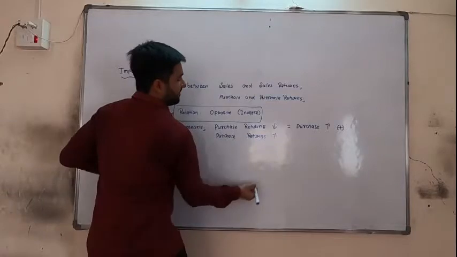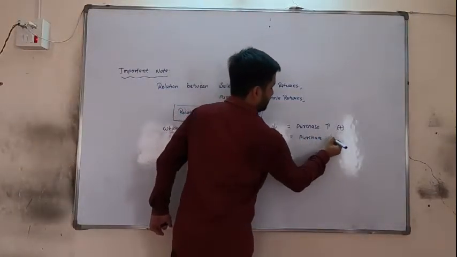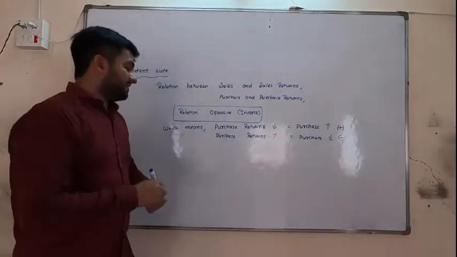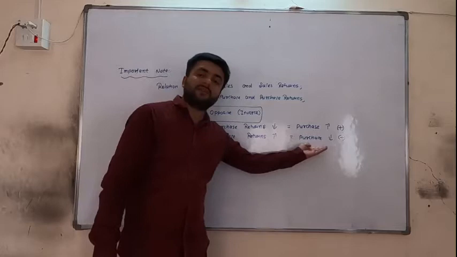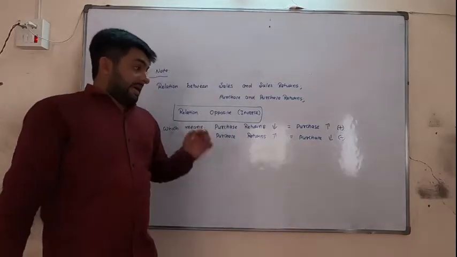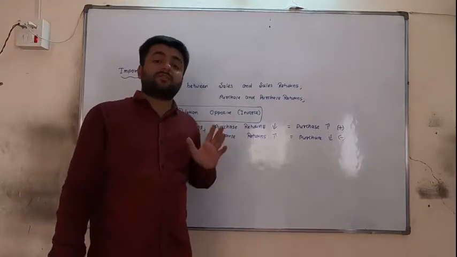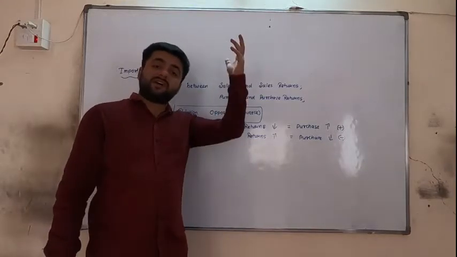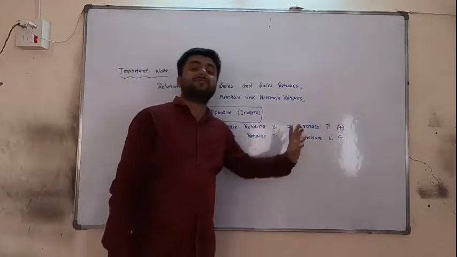Purchase returns increase, purchase decrease. This we do normally. Whenever purchase returns are given, what we are doing? We are subtracting from purchase. And what is given in this sum? By mistake, purchase returns were recorded. So by mistake means purchase returns are more, we should do it less. So purchase returns will decrease and purchase will be added.